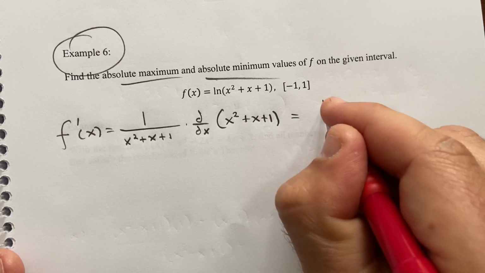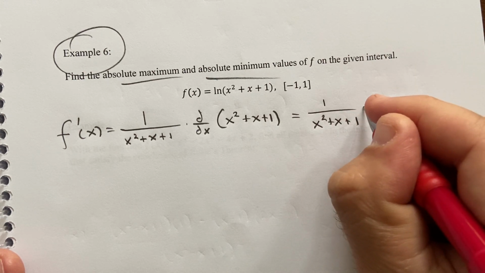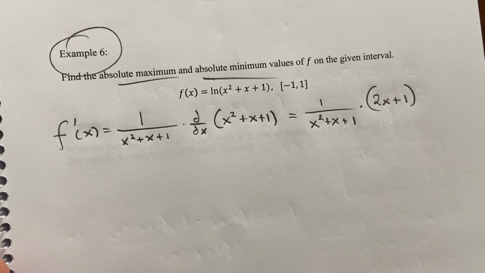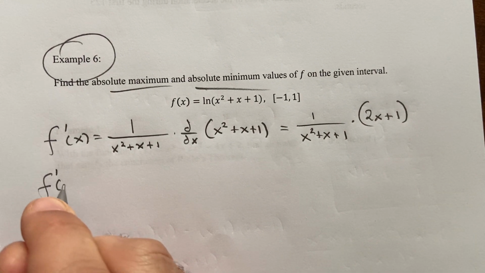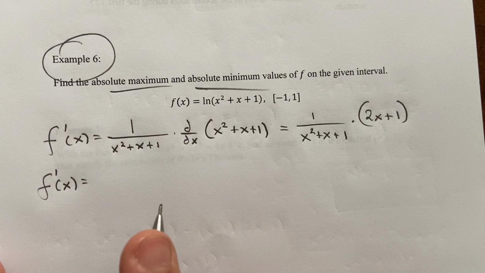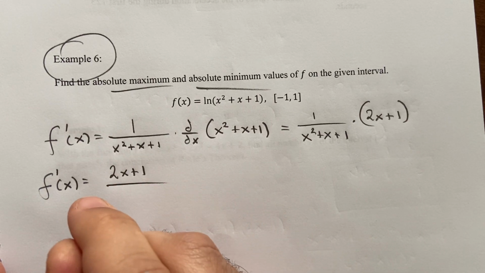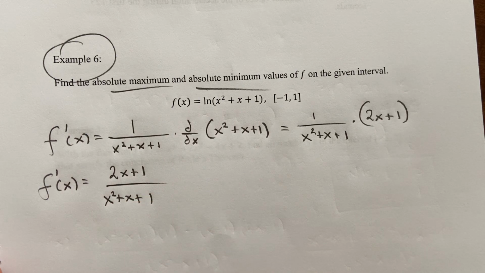In other words, we have 1 over x squared plus x plus 1 times 2x plus 1. So we have this as our derivative: 2x plus 1 over x squared plus x plus 1.